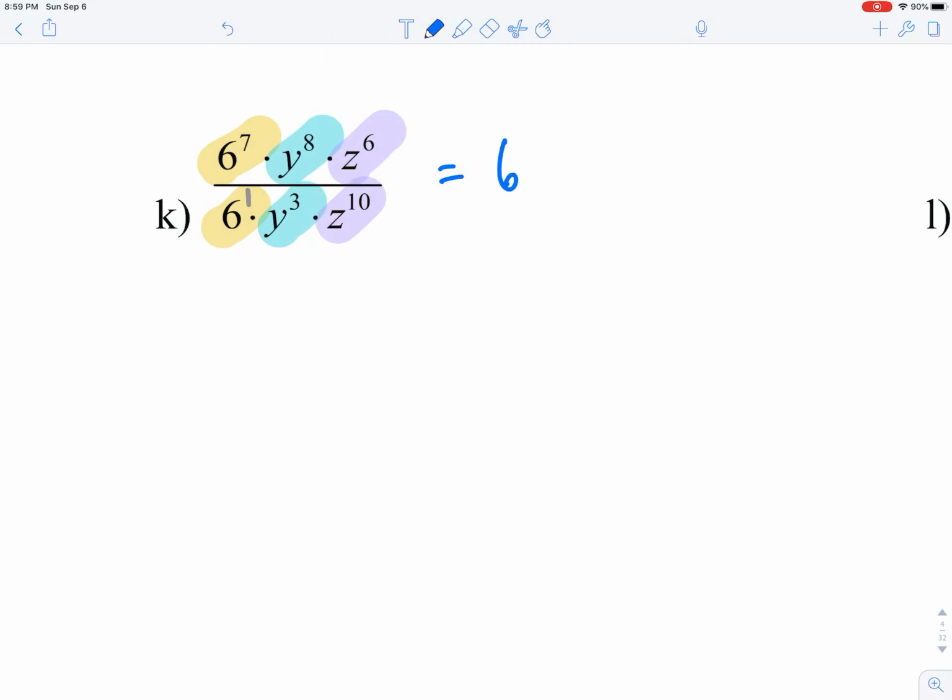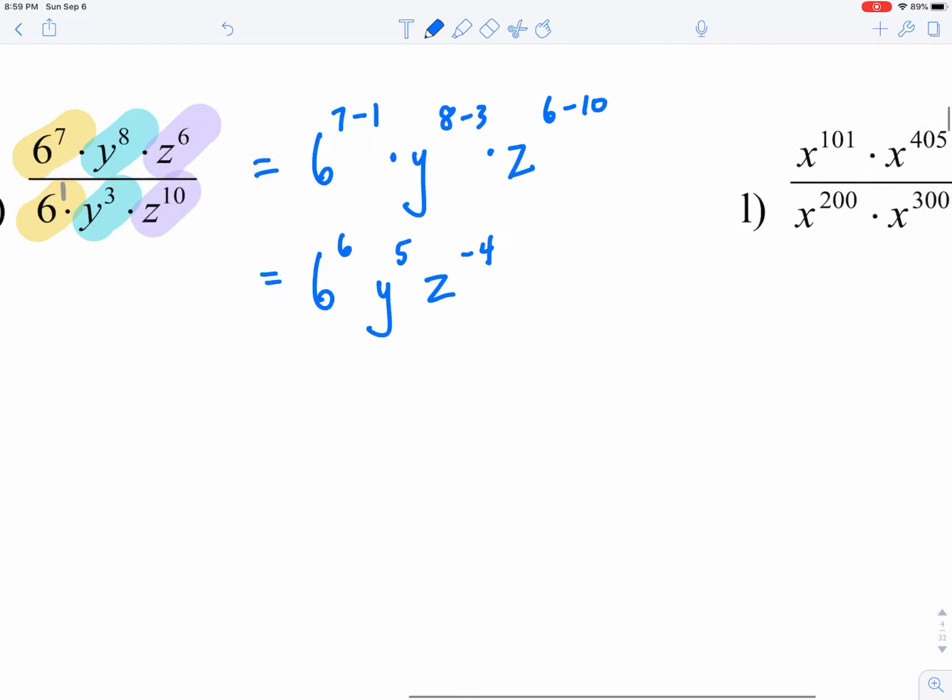So that's 6 to the exponent of 7 minus 1 times y to the exponent of 8 minus 3 times z, make sure it doesn't look like a 2, to the exponent of 6 minus 10, which gives us 6 to the 6 times y to the 5. I'm not writing the dot because squish together means multiply, times z to the minus 4. And that's it for k.